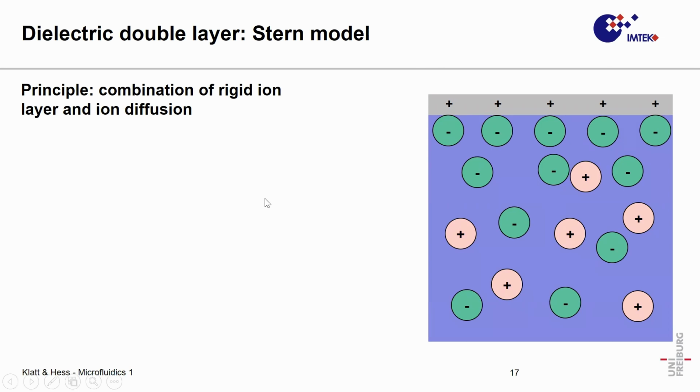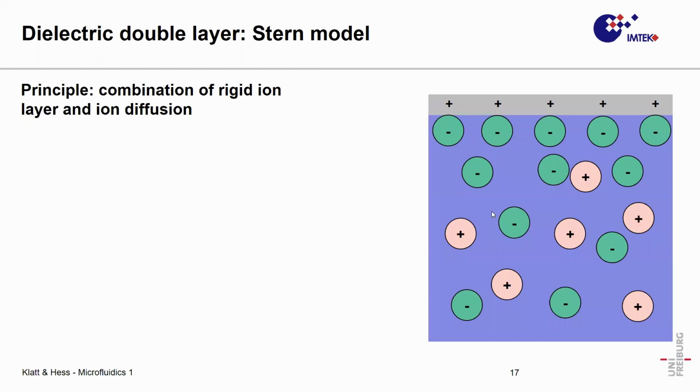It is a combination of the other two models that we just learned about. We assume in the Stern model that there is a rigid ion layer close to the surface, and that there is diffusion behavior further away from this rigid layer of ions.